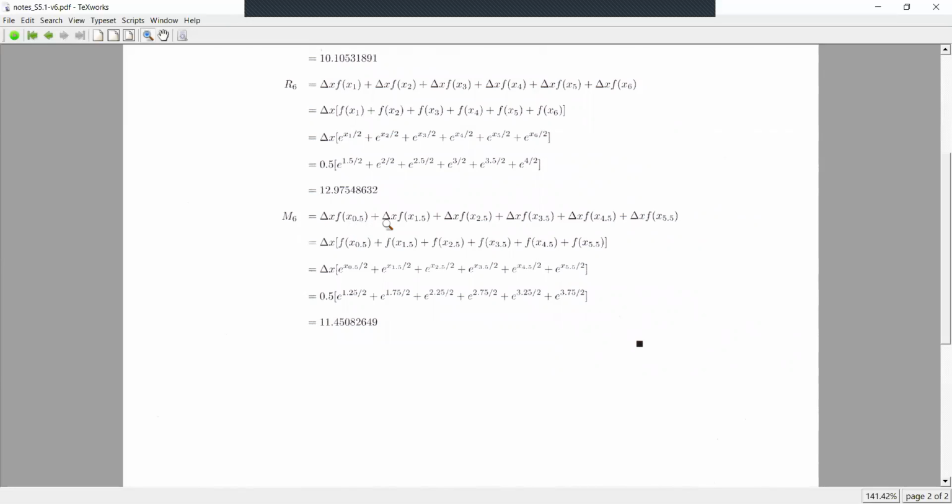The second rectangle's area is base times height, where the height is the function value at the midpoint of the second subinterval, and so on. Factor delta x out, then plug in the function, then plug in the values for the midpoints and for delta x. Finally, with a calculator, we get M6.